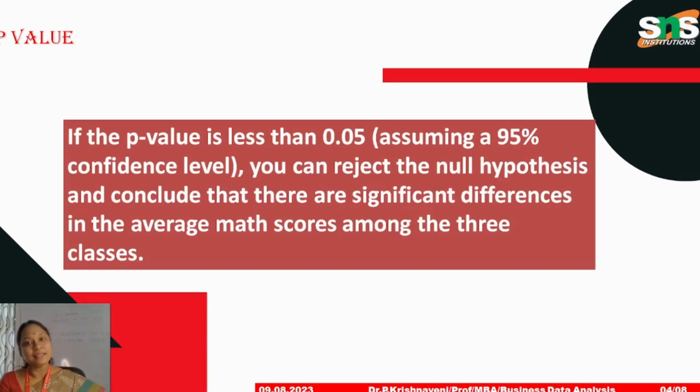With that, in the analysis, we have to go with the one way ANOVA. If we get a p value, that is the significance value, less than 0.05, assuming we have 95% confidence, we reject our null hypothesis, else we accept it.